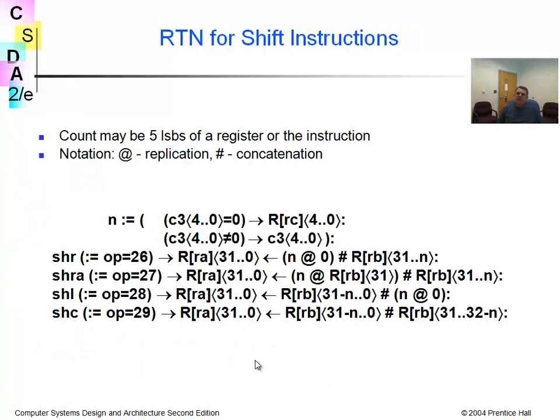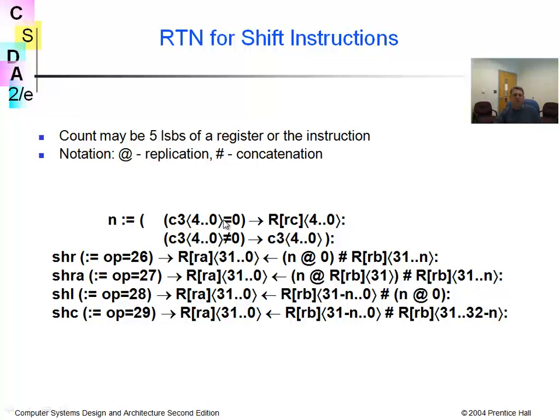Here are the shift instructions. First, we want to know the number of bits we want to shift, whether right or left. That number depends on the value of the most significant 5 bits of the C3 field.